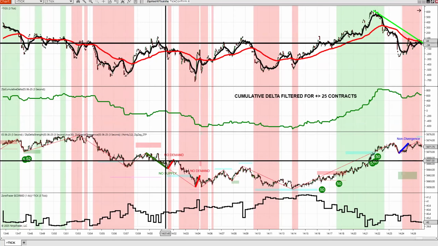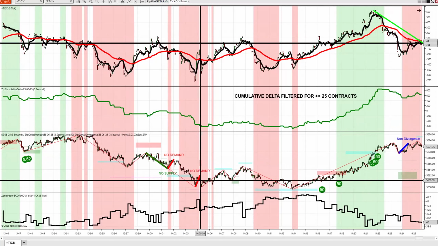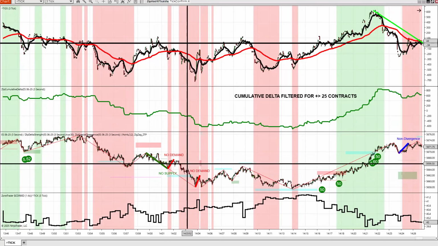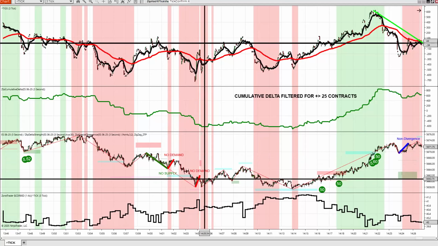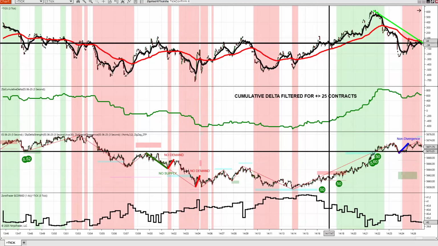Whereas right here, we've got another couple of trades where we're trading the special divergences with the dollar sign tick.